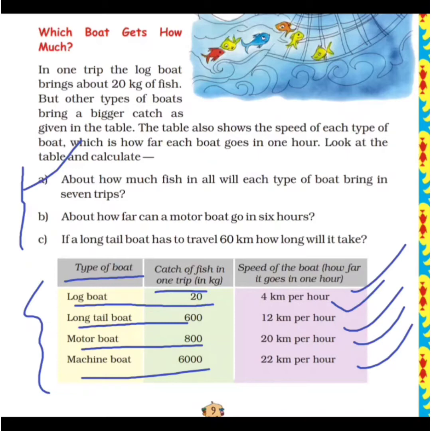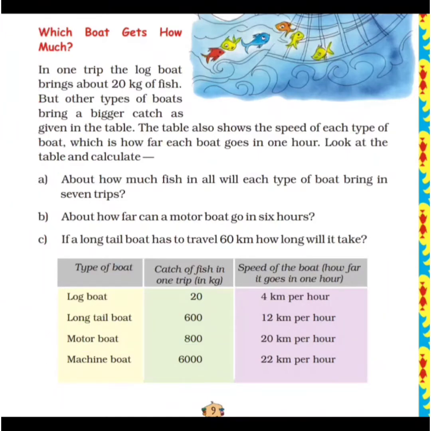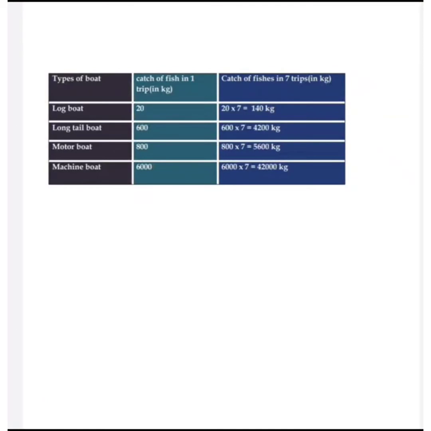Here we have a solution of this question. Here you can see this first column, types of boat. Next column, catch of fish in 1 trip in kg. And the last column, catch of fish in 7 trips.